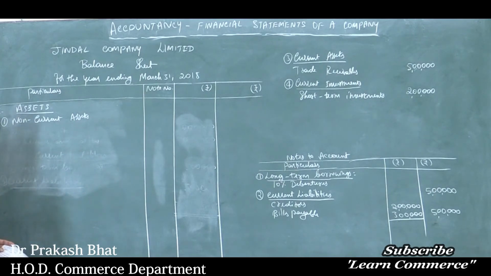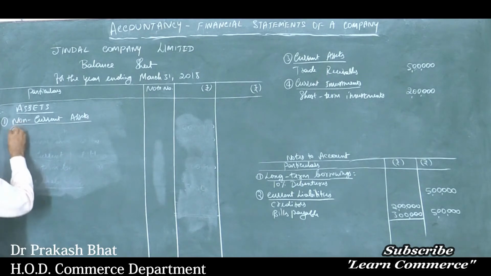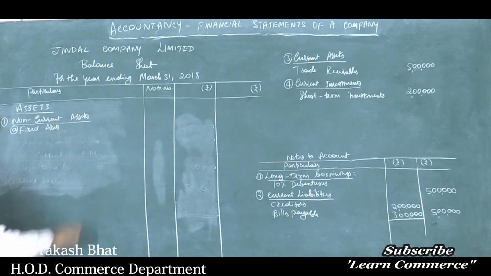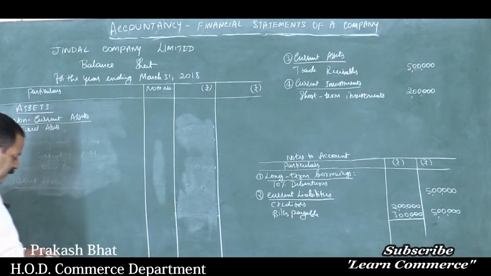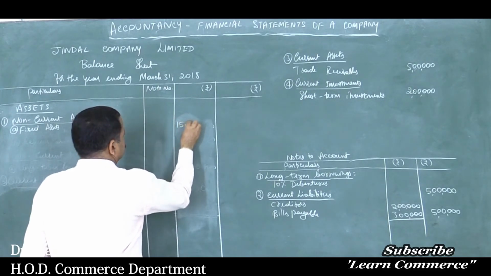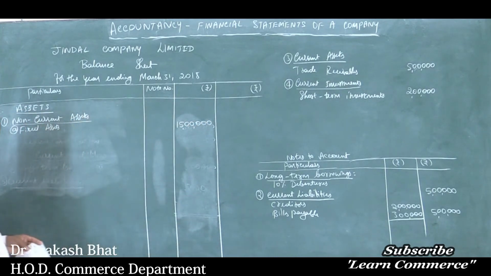Under that, fixed assets, 15 lakh. That's all. Moving on to the second one, current assets.